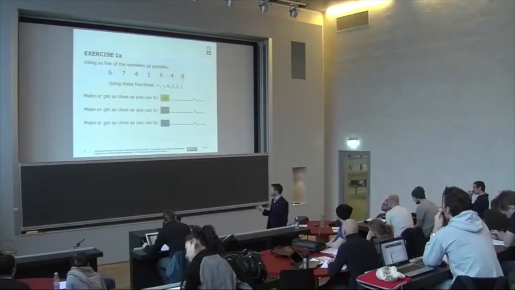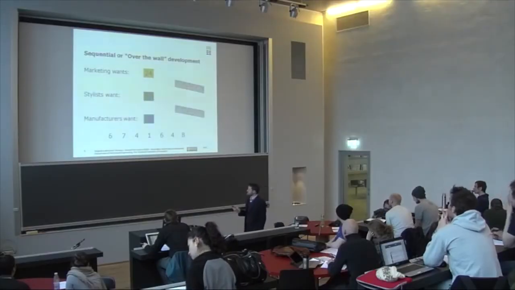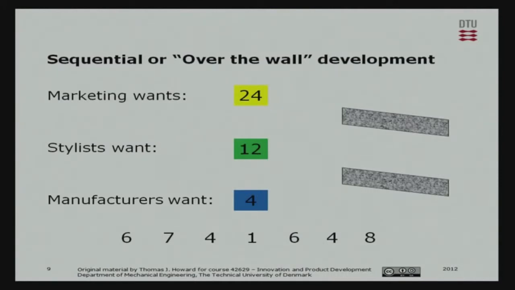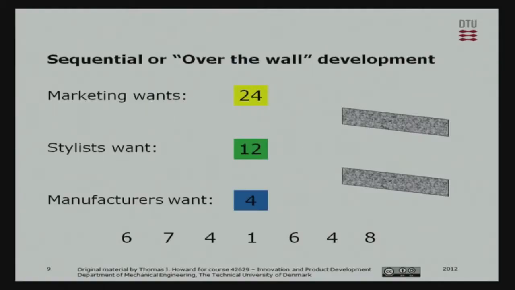So the purpose of that first exercise is to show the kind of inefficiencies of sequential product development. And just thinking of this as a metaphor, you may say that the marketing department wants to hit a score or performance characteristics of 24.